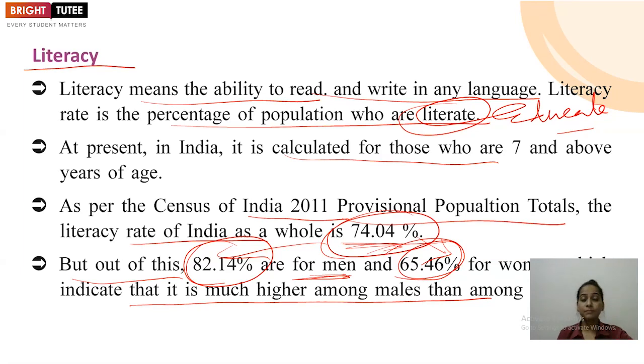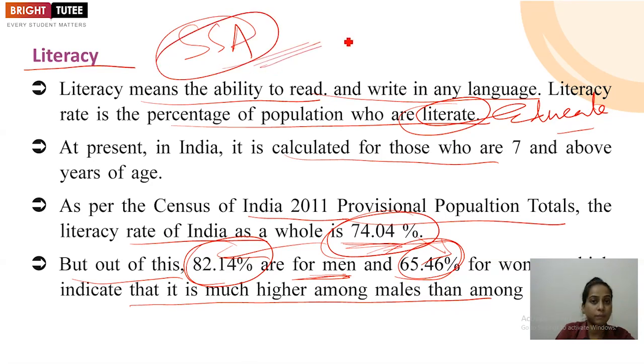Somewhere different factors are responsible for creating this kind of discrimination between males and females. Still in many families, they do not allow their girl child to go for higher education. Although different programs were started by the government, you must be knowing SSA, Sarva Shiksha Abhiyan, under which elementary education was made compulsory for every child up to the age of 14 years.